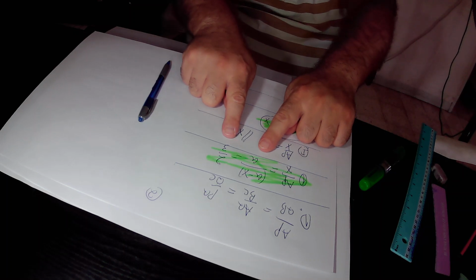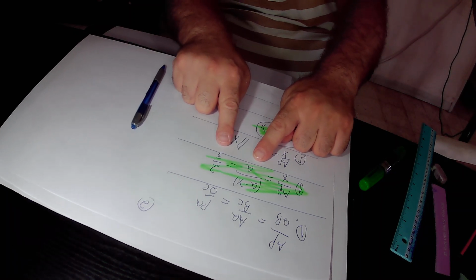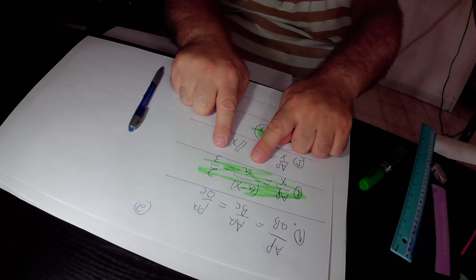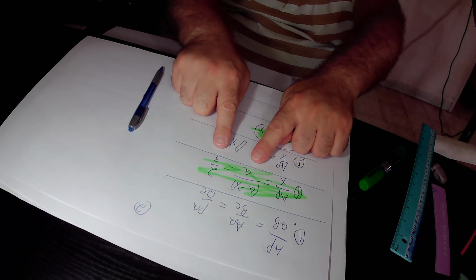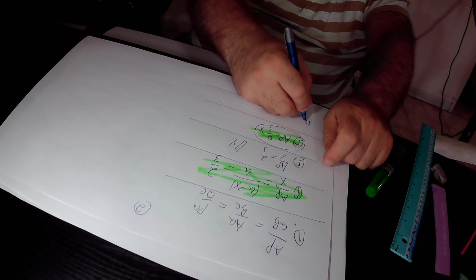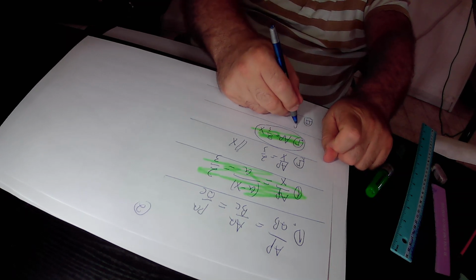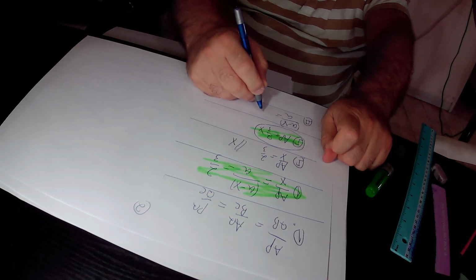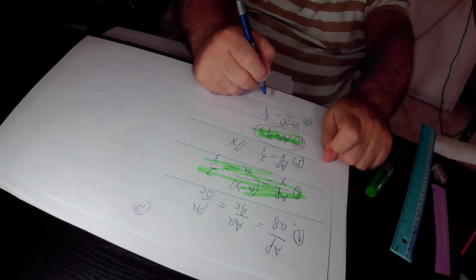Those two expressions are also equal to each other, so we get equation 2 from them. According to equation 2, we get that A minus X over A equals 2/3.